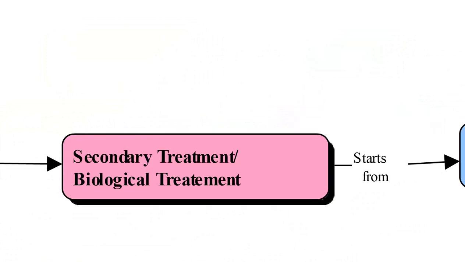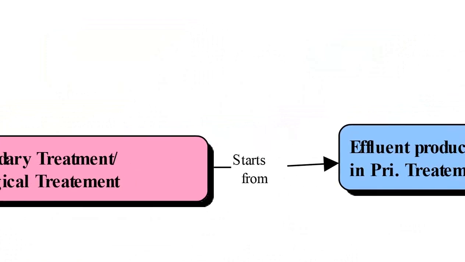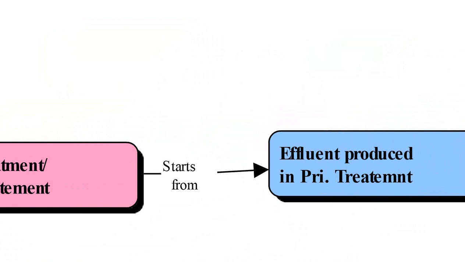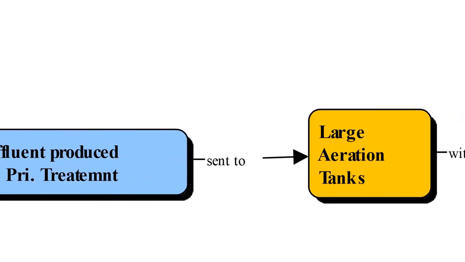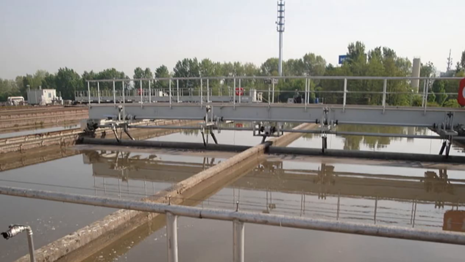The upper supernatant, also called the effluent, is sent to the secondary treatment. Secondary treatment, also called the biological treatment, starts from the effluent that is produced during the primary treatment. Then this effluent is sent to large aeration tanks where this organic material is constantly agitated by using mechanical pressure, which is associated with the pumping of air.